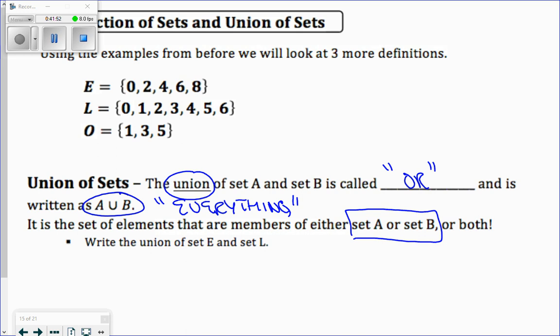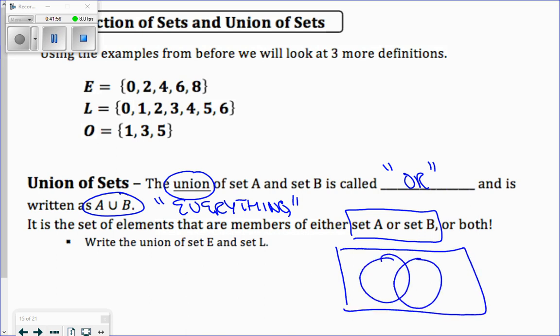So visually speaking, this is A, this is B. Or is everything in A or everything in B or everything in both. In other words, it's everything. So you take what A is, you take what B is, and you smush it together. And if there's repeated stuff, you just write it out one time.